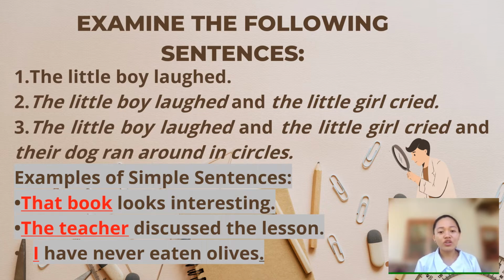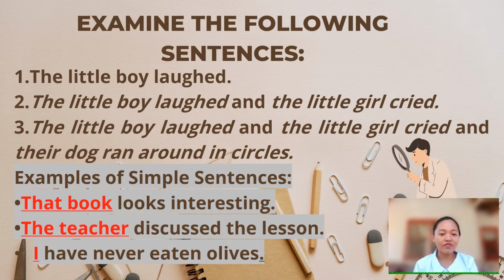They are joined by the word and, or the conjunction and. In the third sentence, there are also three clauses. We have the first clause, which is the little boy laughed. The second one is the little girl cried. And the third one is their dog ran around in circles.